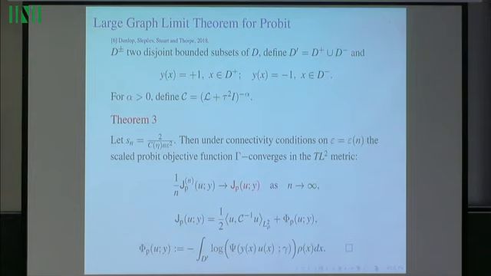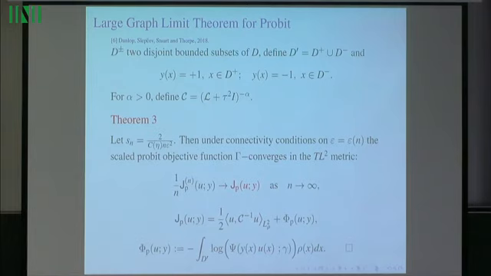And if you carry out an analysis based on the use of this TL2 metric, you can prove that the objective function that we have for the probit method converges to a continuum limit, which I'm now going to describe to you, and point out how it relates to Tikhonov regularization and how it differs from Tikhonov regularization.